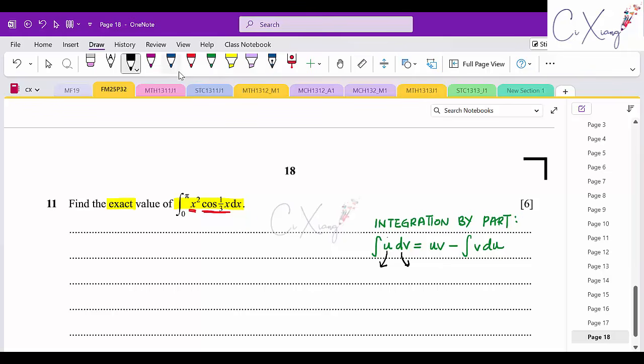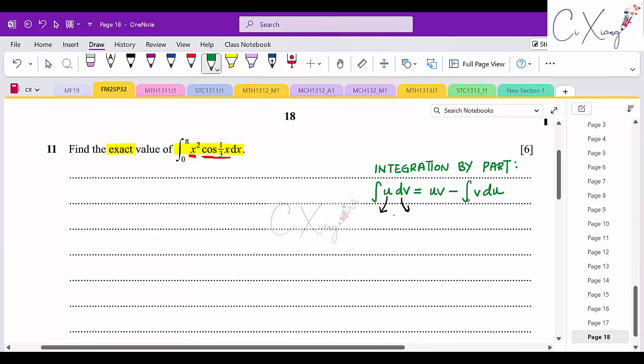There's a rule for us to decide it, which is ILATE, or in some books LIATE. Either ILATE or LIATE also can. Then you should know what's the meaning of the I. The I here means the inverse function, or inverse trigo.